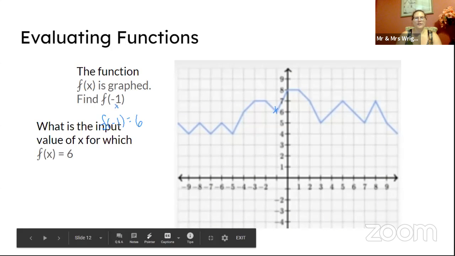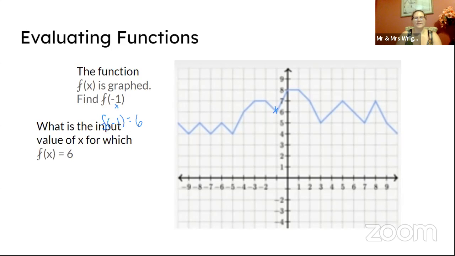What's the input value of x for which f of x is 6? So in this case, they're giving us the y value or the f of x value, the output value. And we're being asked to find out what the x value or the input value is. Okay, so we need to find, well, the output is 6 right here. Here we have an output value of 6.